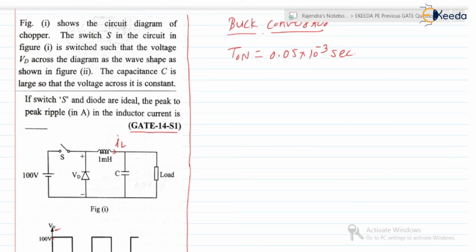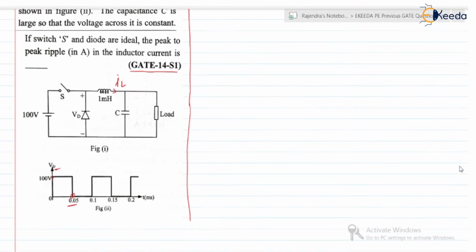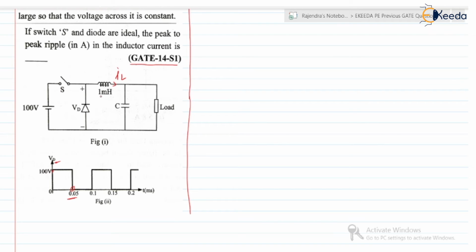The inductor stores the energy. Next, when the switch is in the off state, the inductor releases the energy through the diode, so Vd will be 0. If you check the Vd waveform from 0.05 millisecond to 0.1 millisecond, it will be 0 volt. 0 volt indicates the off time of the switch.